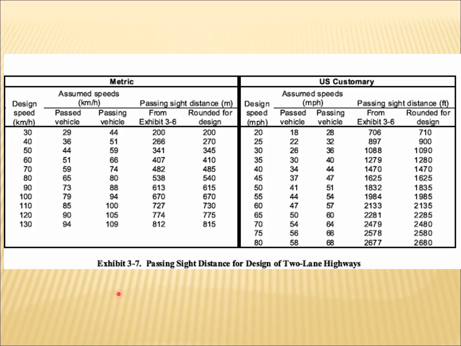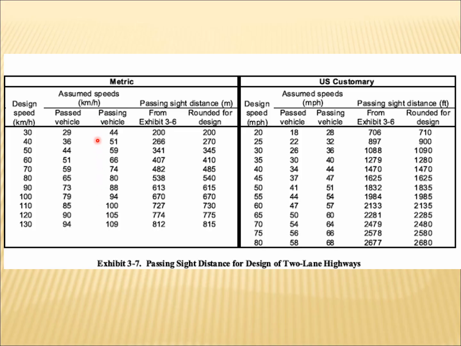And this is the table in which you can see that for different design speeds given in kilometer per hour, the speed of the passed vehicle, that means the overtaken vehicle, and the speed of the passing vehicle, that means the overtaking vehicle.